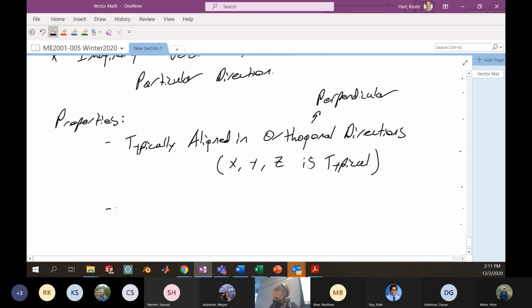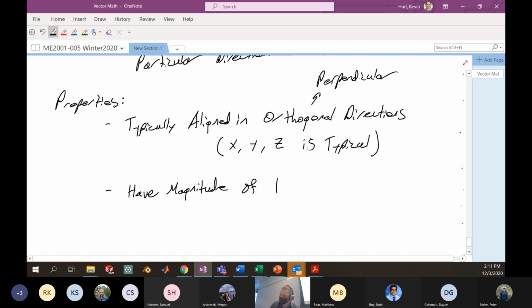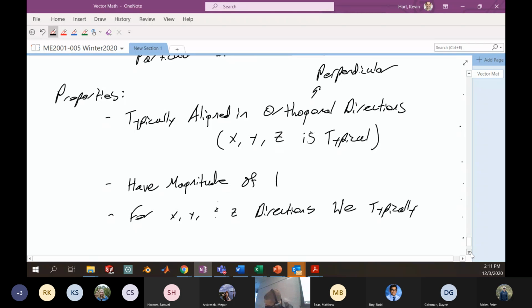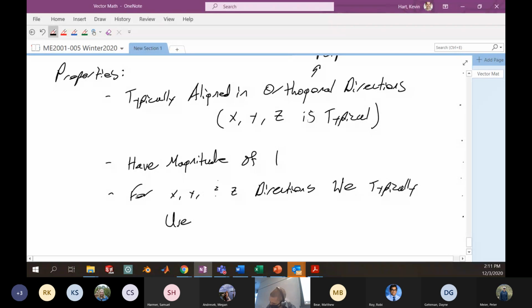Okay, they are vectors, so they have magnitude and direction. But specifically, unit vectors have a magnitude of 1. And for x, y, and z directions, we typically use unit vectors which are denoted in this way.